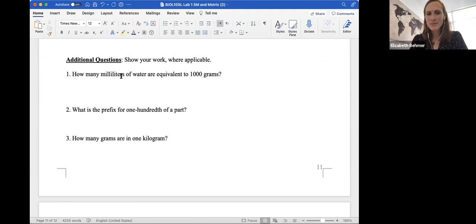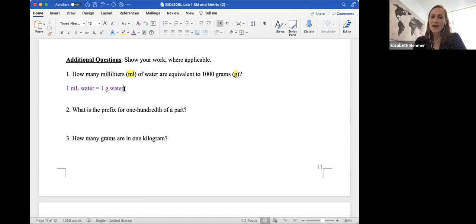But here we have a milliliter, which is mL, and we have a gram, which is G. And the only thing that you need to remember here, or keep in mind, is that 1 milliliter of water is always equal to 1 gram of water. And this always has to do with water.